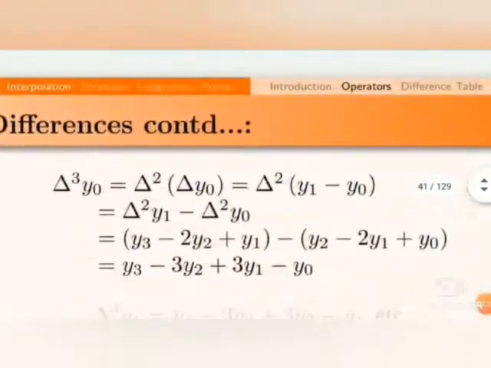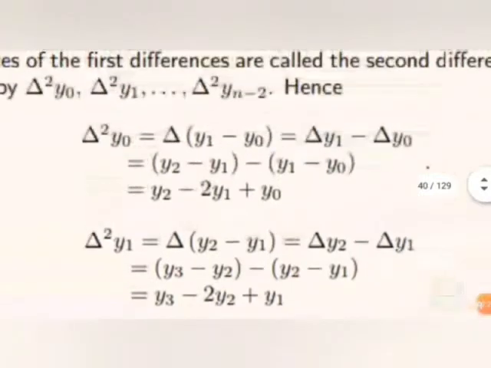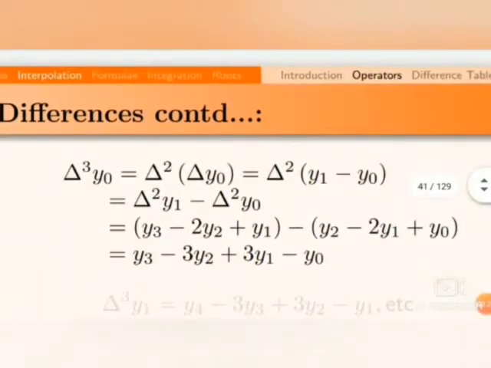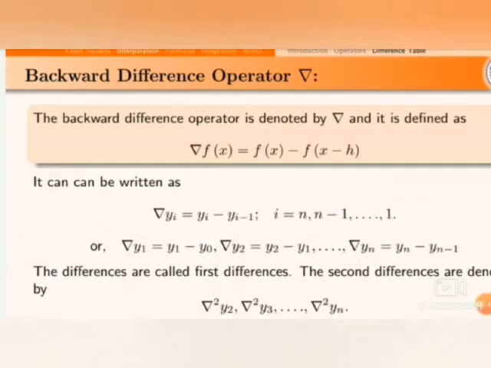Likewise you can get the third order difference. The third order difference is del cube y naught equal to y3 minus 3y2 plus 3y1 minus y naught, which is also solved using the second order difference, since del cube is del squared applied to del y naught. Likewise you can solve the third order differences, and in general you can calculate other values.